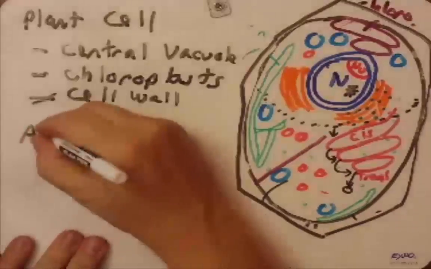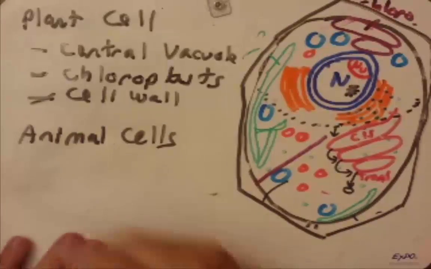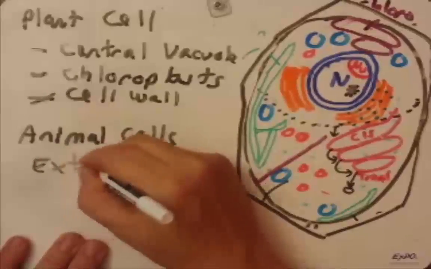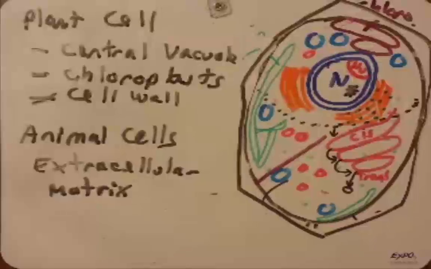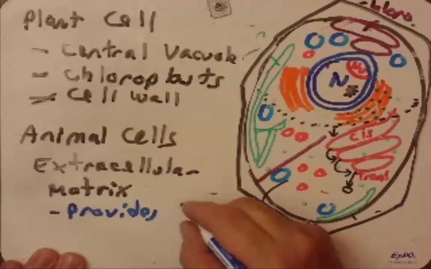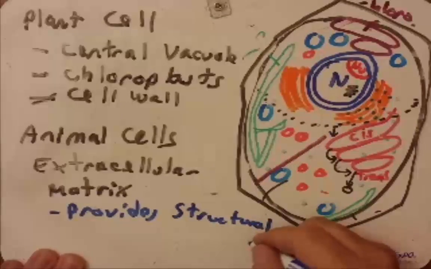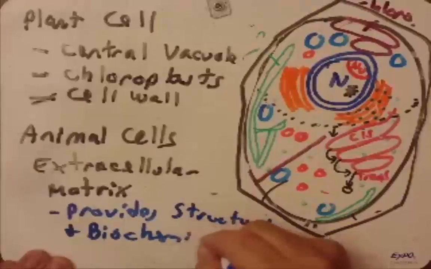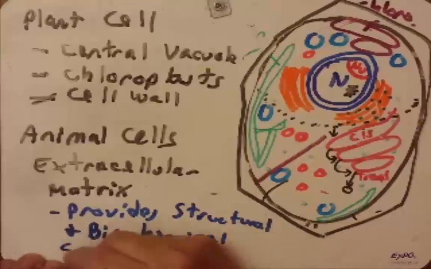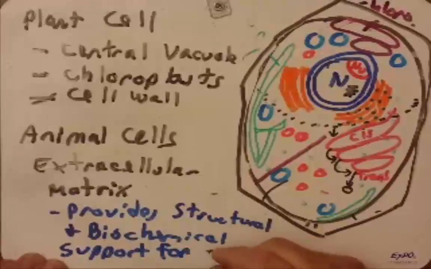Now, animal cells don't have this cell wall, but what they do have is an extracellular matrix. And what you should know about the extracellular matrix is that it provides structural and biochemical support for surrounding cells.